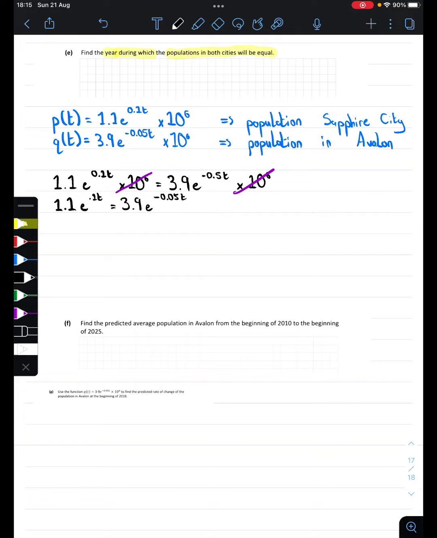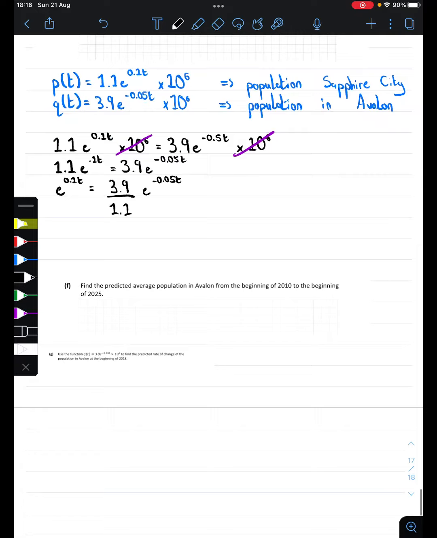Now if we divide by 1.1, e to the 0.1 t equals 3.9 over 1.1 e to the minus 0.05 t. Then if we multiply both sides by e to the 0.05 t, we get e to the 0.1 t by e to the 0.05 t equals 3.9 over 1.1.